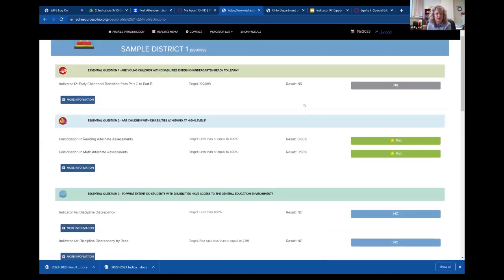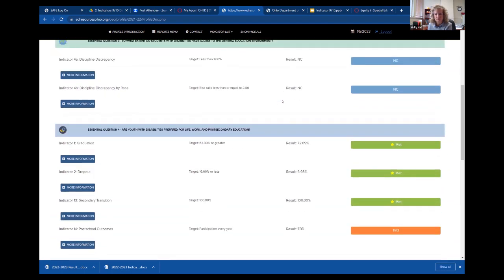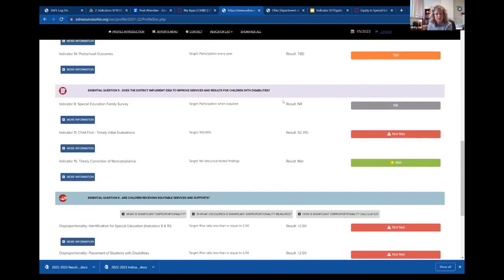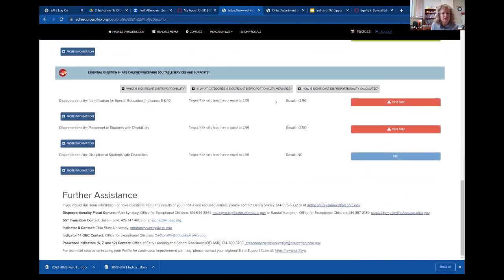And so as you scroll down between the different categories of questions as it relates to this phase 1 release of the special education profile, we're going to go down towards essential question number 6, are children receiving equitable services and supports?